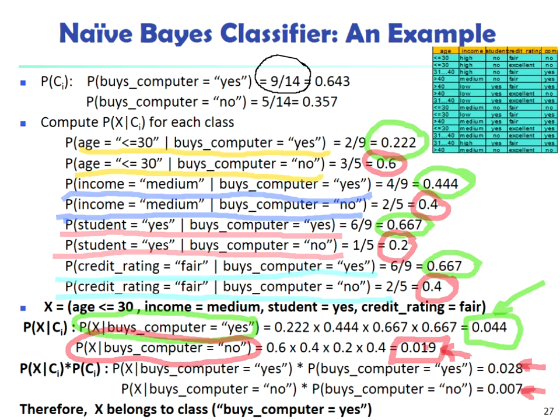Why? Because here the final result, the probability, is higher than buys computer equals no. Is it clear how we can predict the class of a tuple using the naive Bayes classifier?